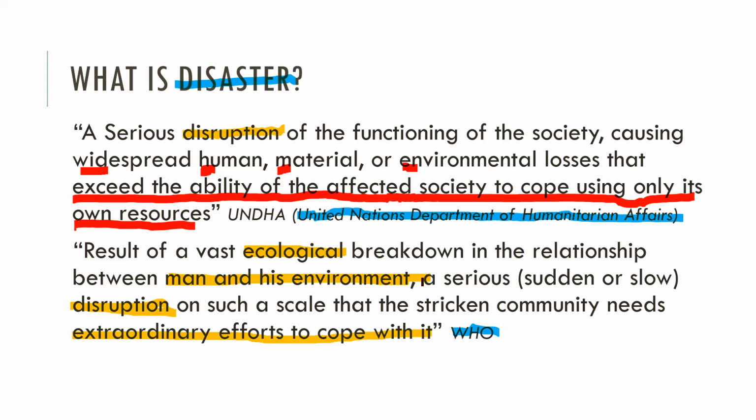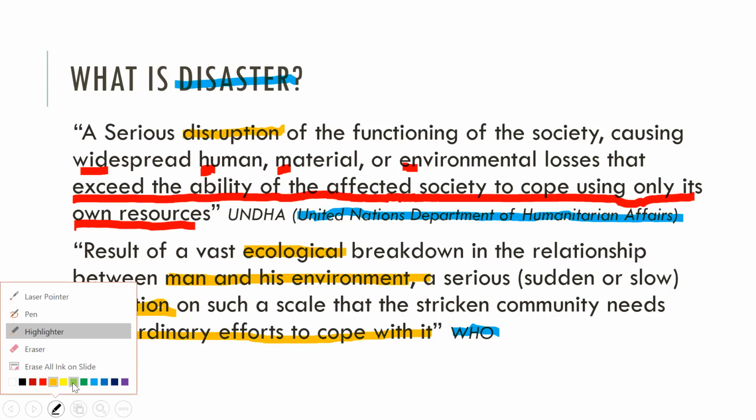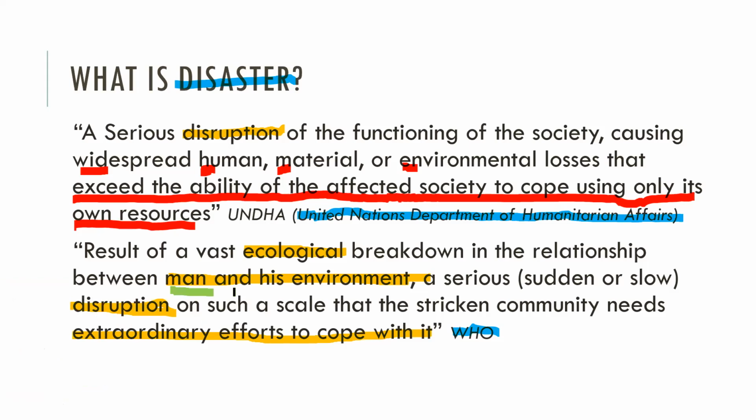If any disruption happens to this ecosystem, then we are going to face a disruption in the surrounding resources. Then, as it's said here in the definition, the relation between man and his environment is disrupted.